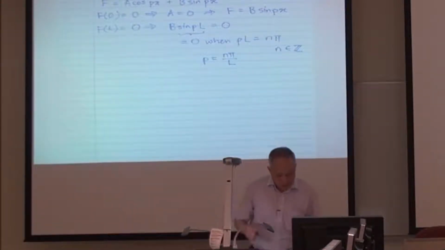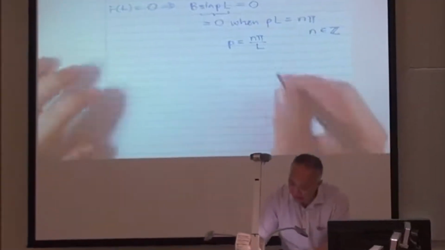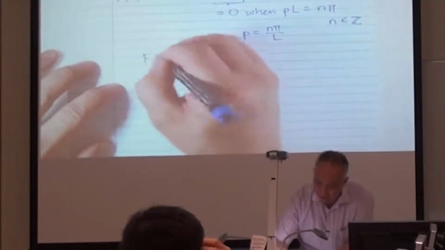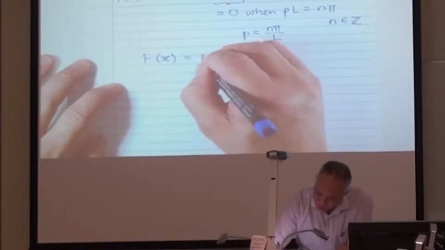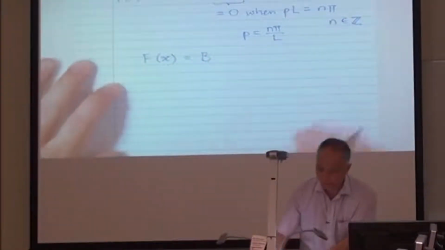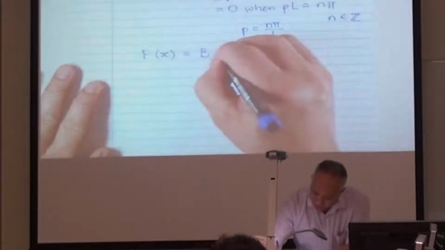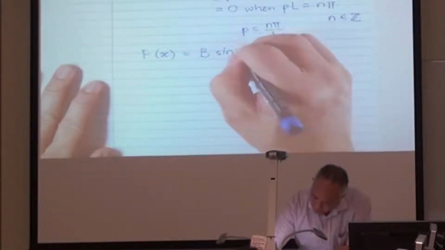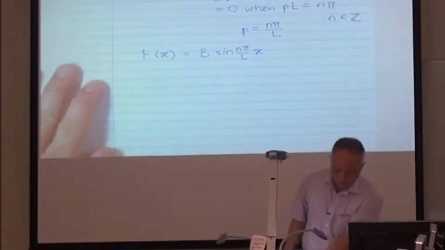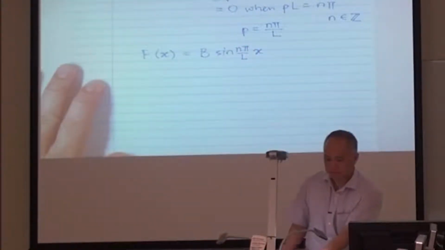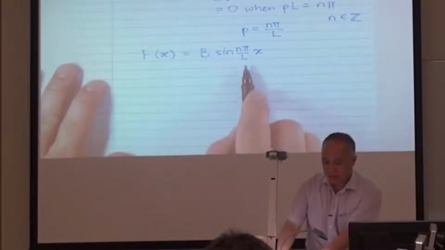And the non-trivial solution will be f of x equals some constant b multiplied by sine n pi on L x, because this is my p.